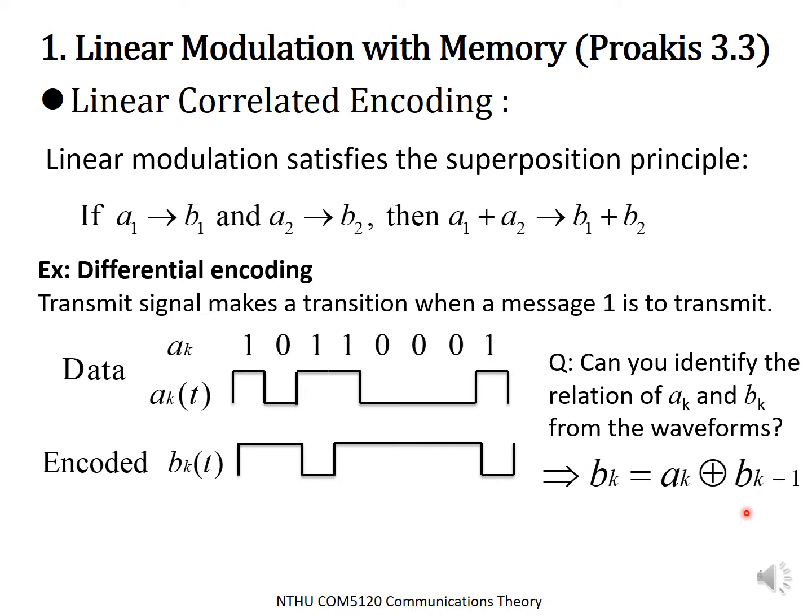With this operation we have the input AK, and whenever AK is a 1, then BK and BK minus 1 make a transition. Now this gives the differential encoding.